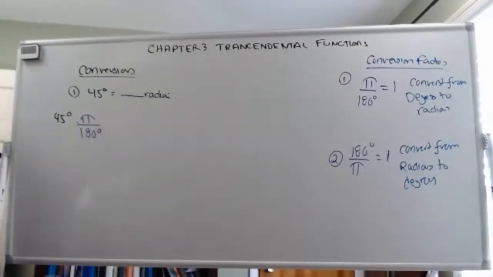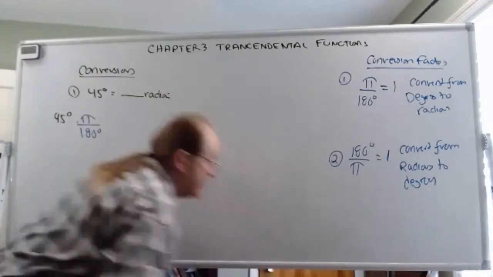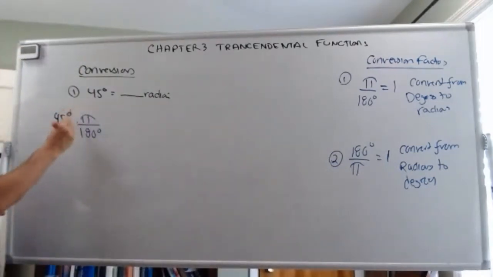Now, how do I know I'm using the right one? Well, just like in algebra, if the same unit is in the numerator and denominator, they cancel out. So you know you're doing it correctly because this degree will cancel with that degree and give me just my radian measure left.